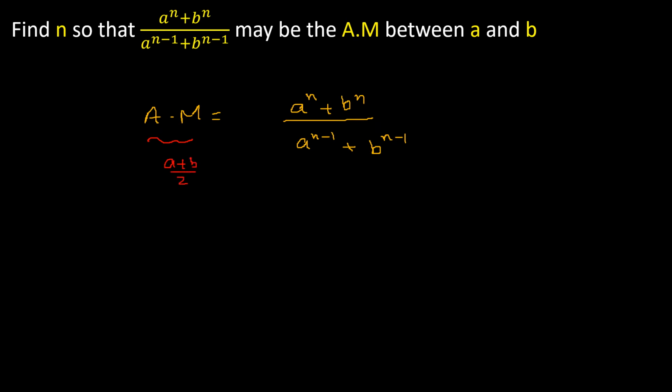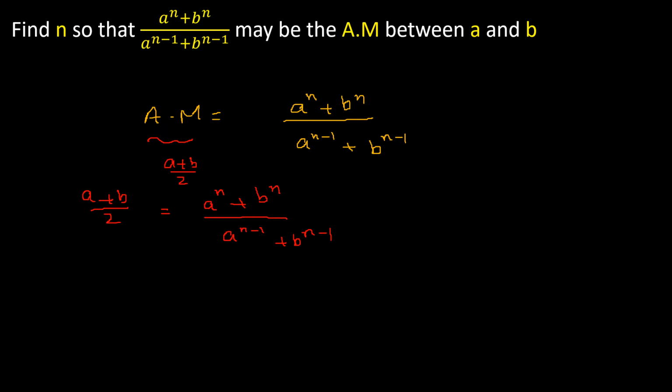So we get the expression (a + b)/2 equals (a^n + b^n)/(a^(n-1) + b^(n-1)), and we have to solve this equation to find what n is.